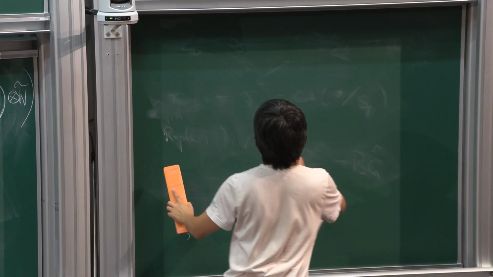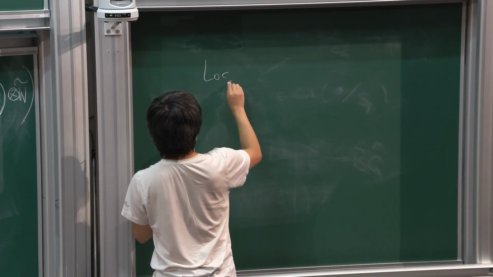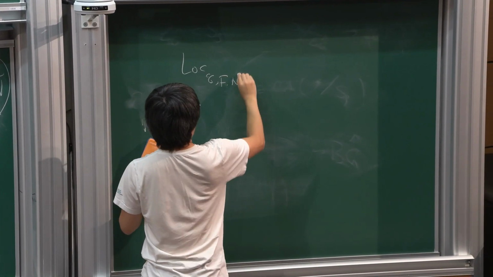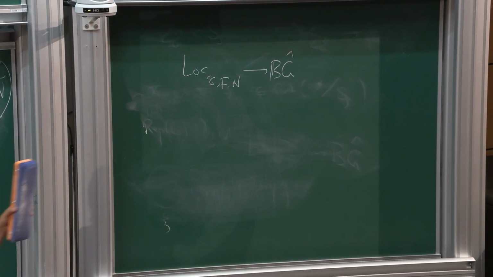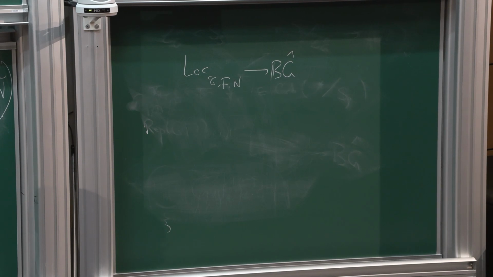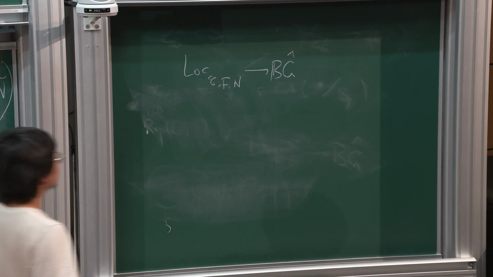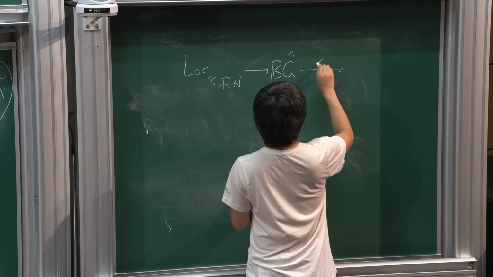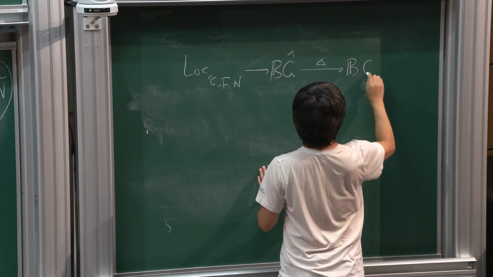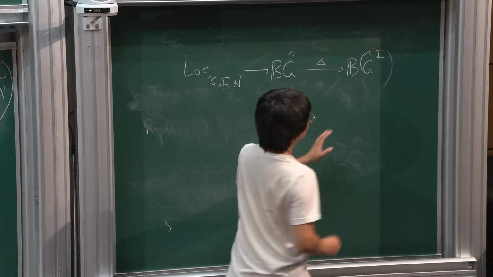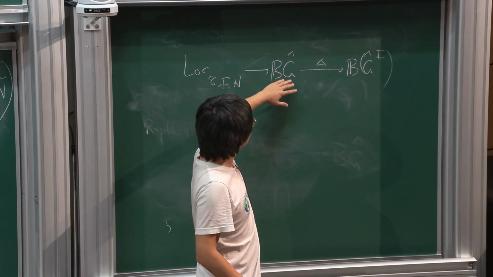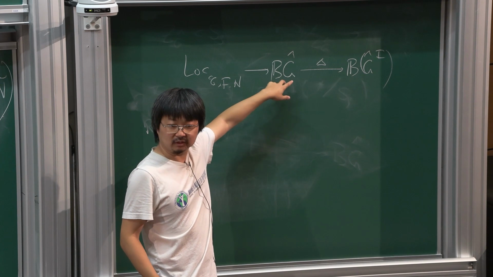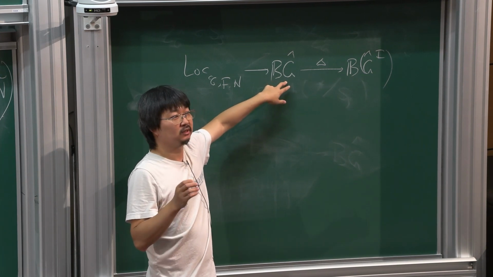So recall that this global stack maps to BĜ, as I mentioned, because it's something quotient by Ĝ. And then this maps diagonally to BĜ to the I. I do have a representation of Ĝ to the ith power, W, so I can think about it just as a representation of Ĝ by diagonal, and then pull back.